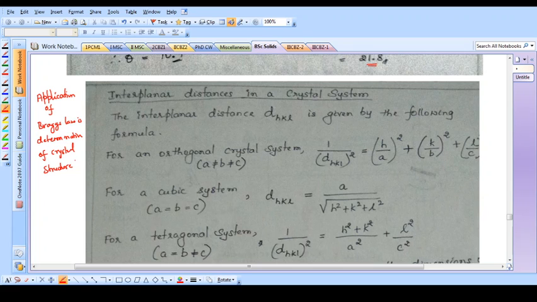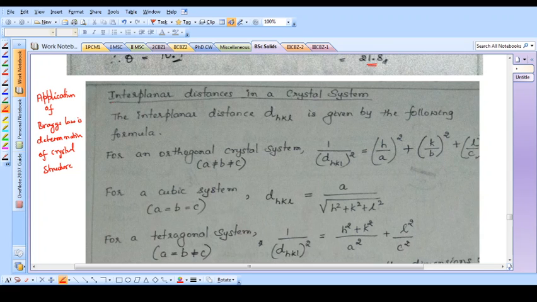All these equations can be derived by using geometry in a crystal, but those derivations are not required here, so we will only consider some important equations that we require in studying the applications.